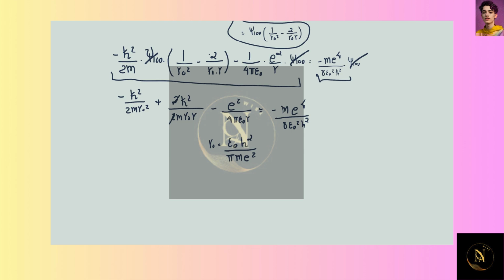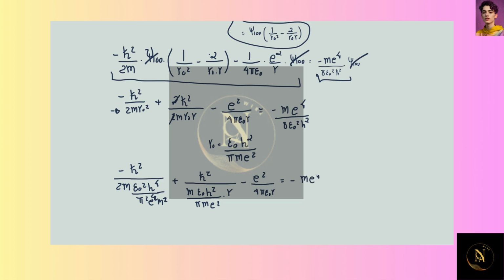Then, by substituting the Bohr radius in these expressions, we get minus h bar squared divided by 2m r0 squared, so epsilon 0 squared h to the fourth divided by pi squared e to the fourth m squared, plus h bar squared divided by m, epsilon 0 h squared divided by pi m e squared times r, minus e squared divided by 4 pi epsilon 0 r, and this is equal to minus m e to the fourth divided by 8 epsilon 0 squared h squared.